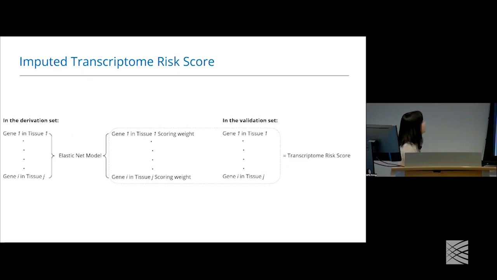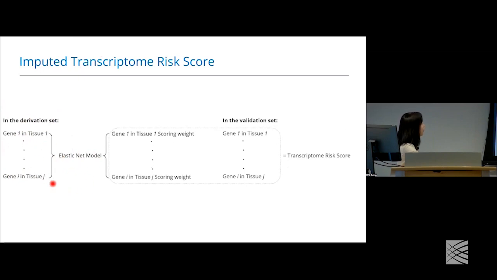To calculate the gene expression risk score, in the derivation data set, we input all gene tissue pairs identified in the TWAS into an elastic net regression model. For example, gene I in tissue J is significantly associated with AFib in TWAS, and gene I in, say, tissue B also is a signal.